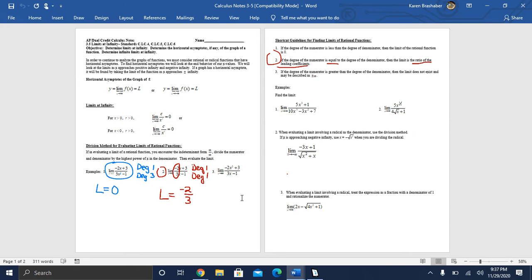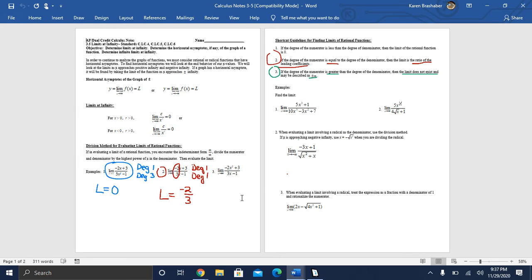So for number 3, it says if the degree of the numerator is greater than the degree of the denominator, then the limit does not exist and may be described using positive or negative infinity.